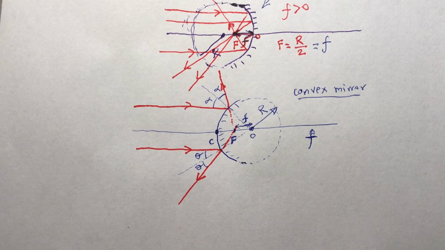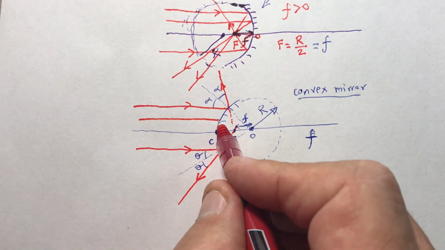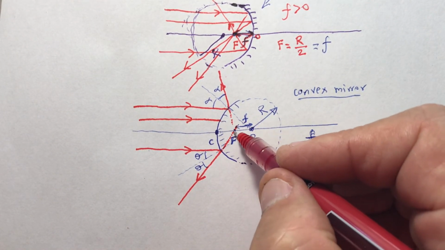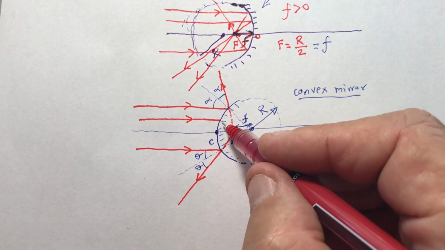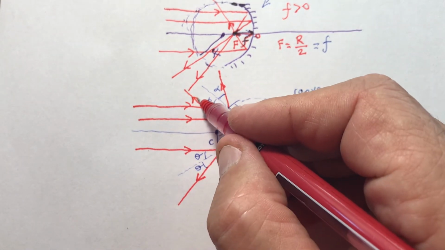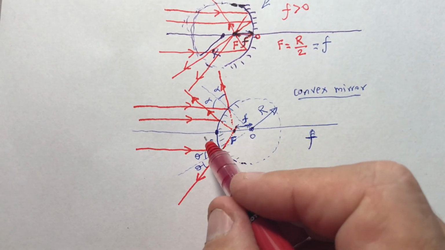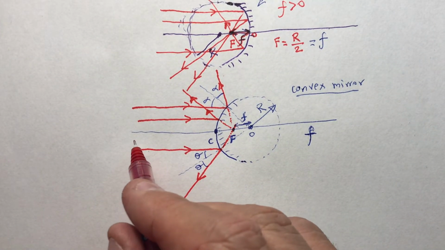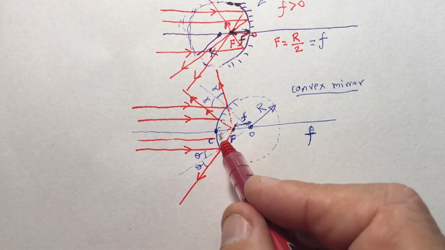So if I take another ray coming this way, it's going to try to go through the focal point, but it can't. So the projection is the one that's going to go. I put here the projection of the reflected light, like that. Okay, and so all these rays that are coming in are going to reflect in such fashion.